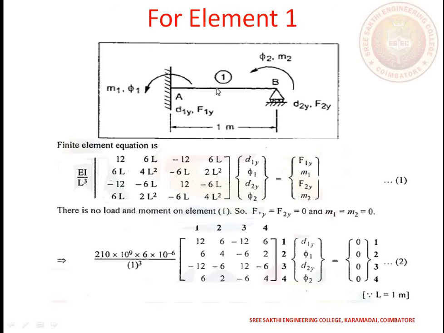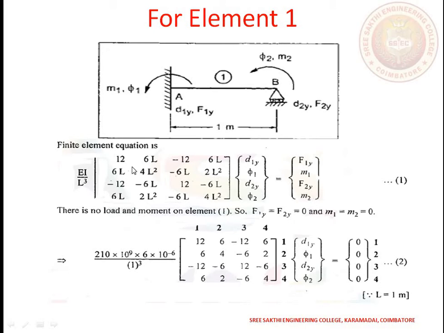The first element, from A to B, is 1 meter. Here at one node there is bending moment and slope, here also bending moment and slope, and similarly displacement, that is transverse loading d1y and force f1y, similarly d2y and f2y.